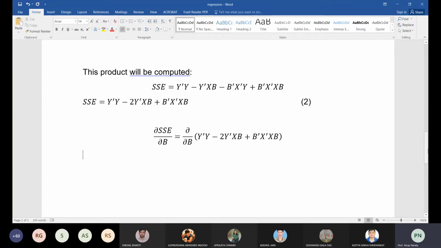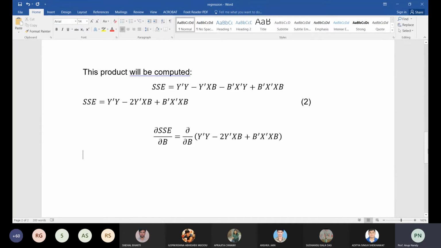Now it looks like a complex problem, but it is quite similar to taking the derivative of a polynomial in the scalar context. First, it has three different terms: y transpose y as the first term, y transpose xb as the second term, then b transpose x transpose xb.